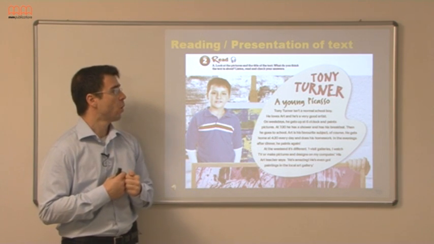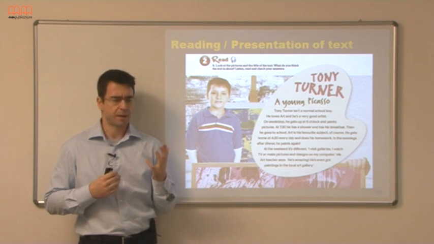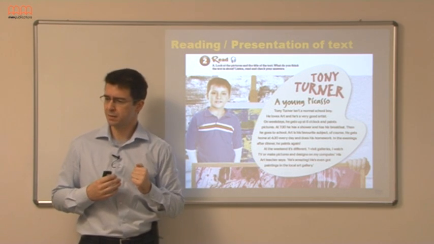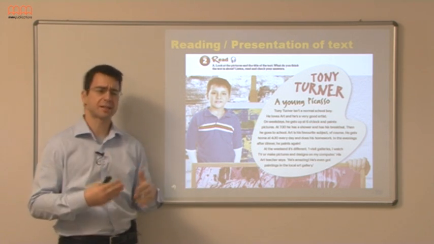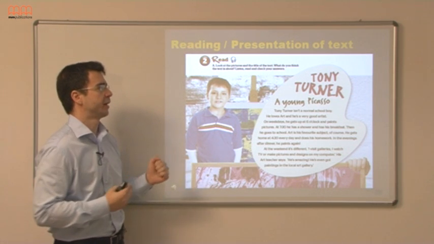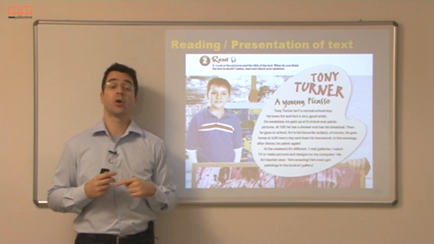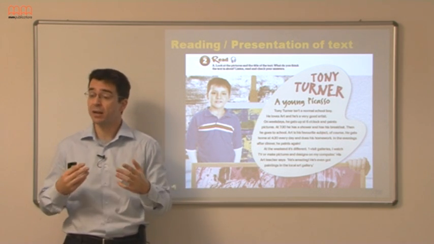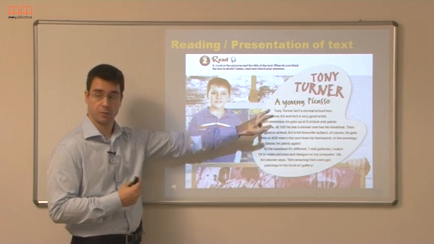Okay? So, what do you think this text is about? Can anybody tell me? Yes? The text is about Tony Turner, a young painter. Okay, so you think it's going to be about a young painter named Tony Turner. Well, what we're going to do now is we're going to listen and we're going to check our answers, okay? So let's all listen and read along with the text.